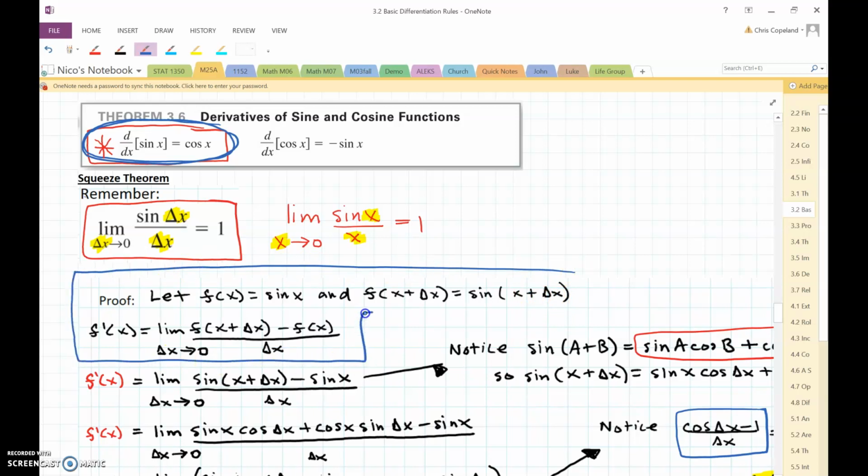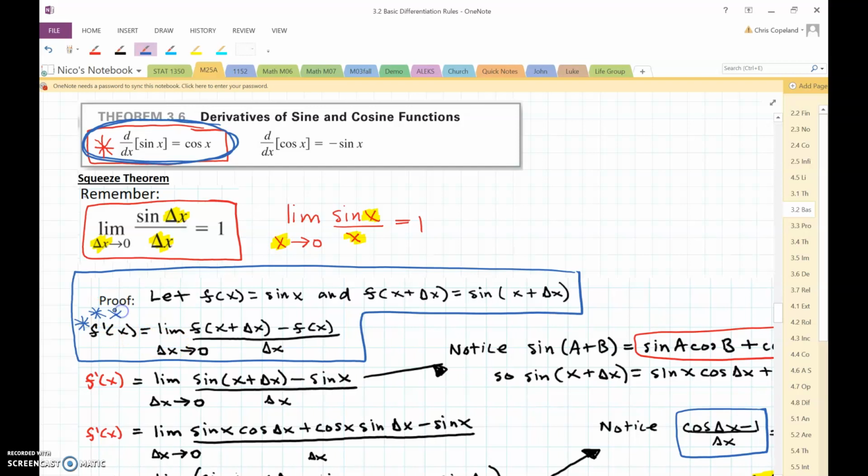We're going to use the definition of the derivative, which is f prime of x equals the limit of f of x plus delta x minus f of x all over delta x as delta x goes to 0.